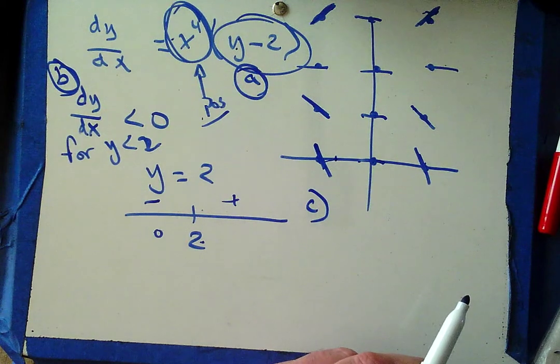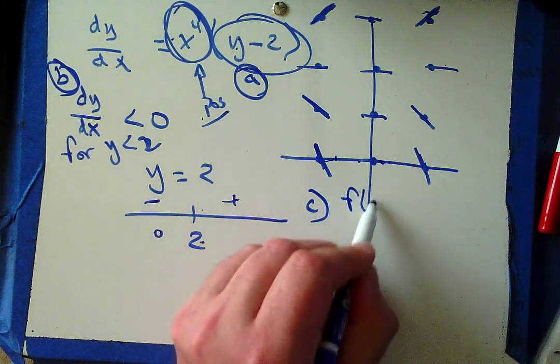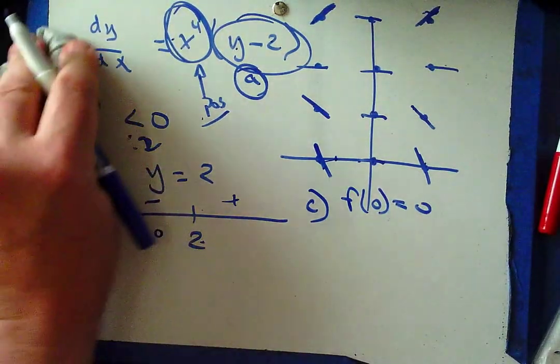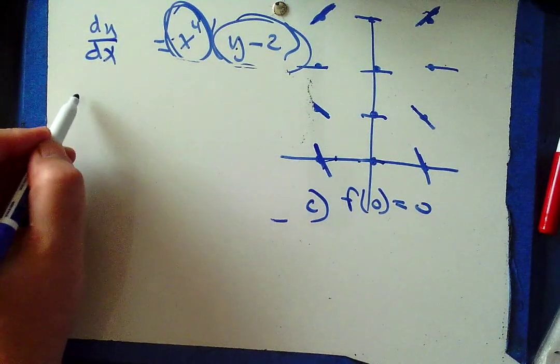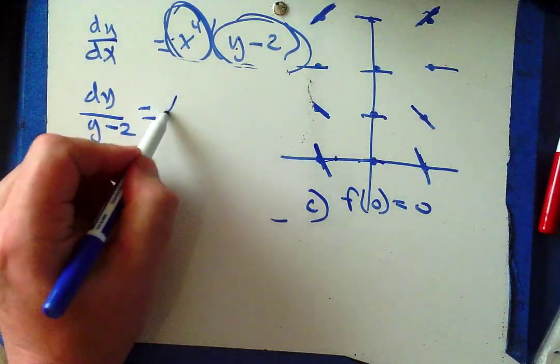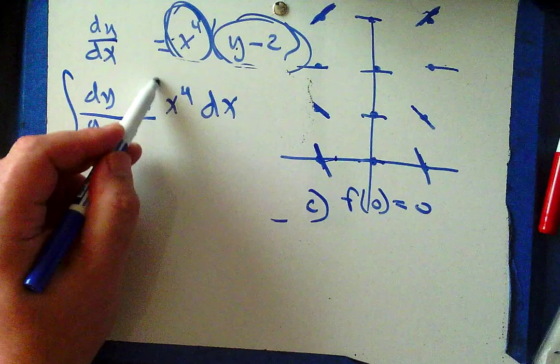What about part C? Part C would be find the particular solution with f of 0 equals 0. Okay, so let's solve this. They want to see separation of variables. So we've got dy over (y minus 2) equals x to the fourth dx. We integrate both sides.